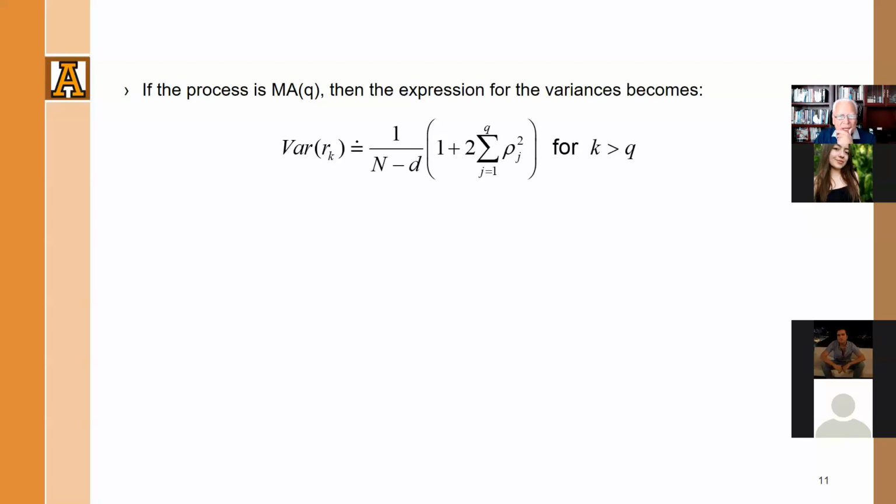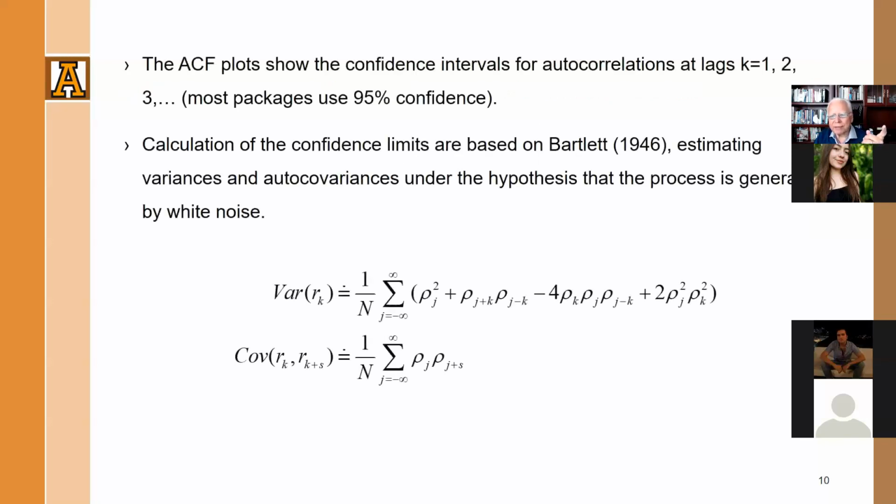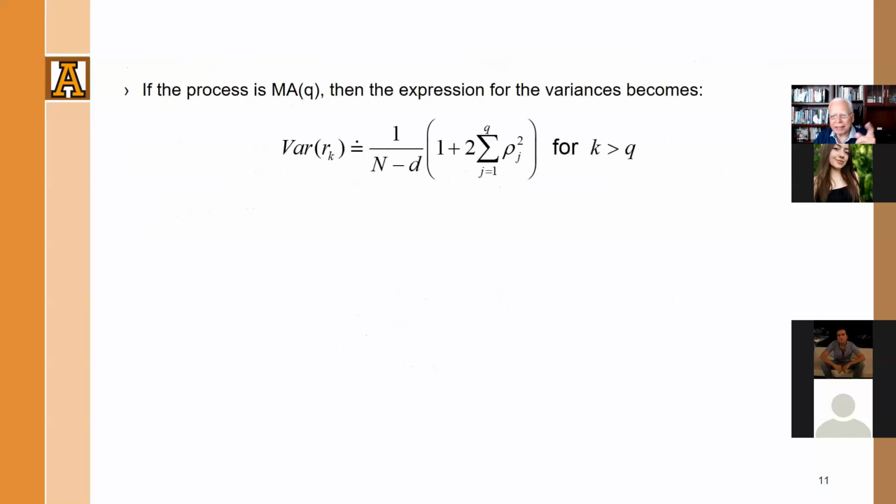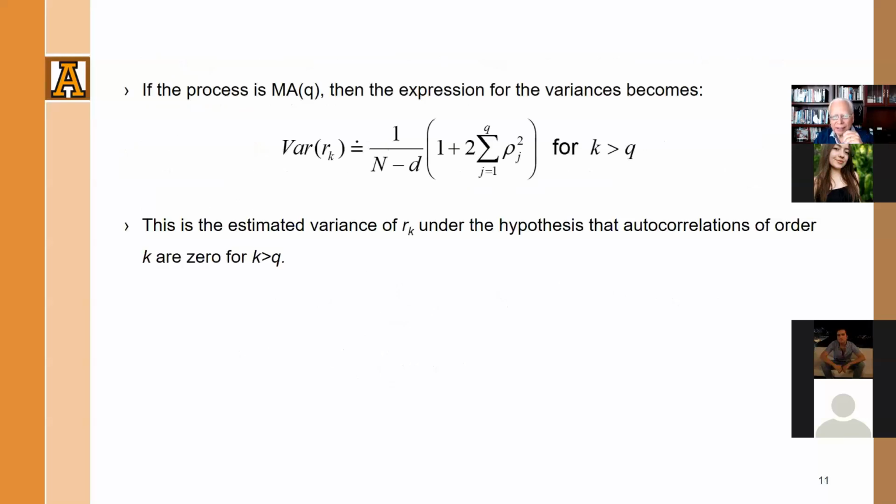As you can see, that was in 1946, so that hasn't changed. The theory is still valid, but now it's very easy to get these computations done. So this is the estimated variance of r_k under the hypothesis that the correlation is 0 for k greater than q.